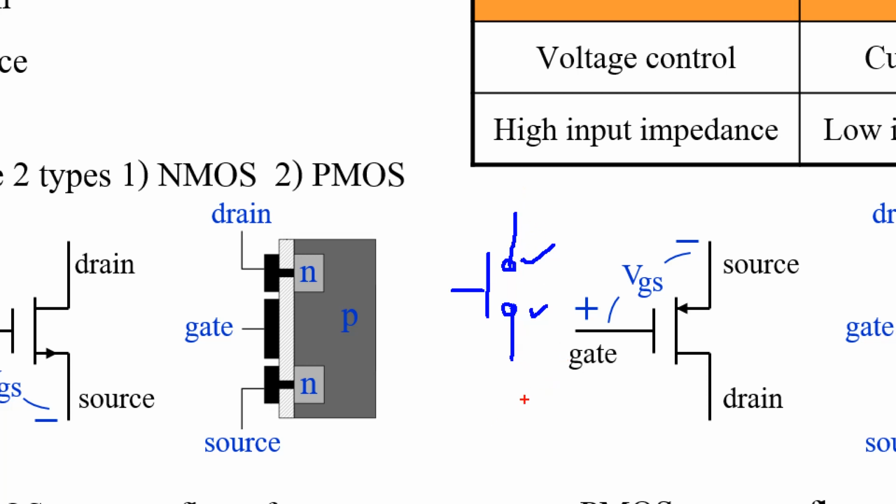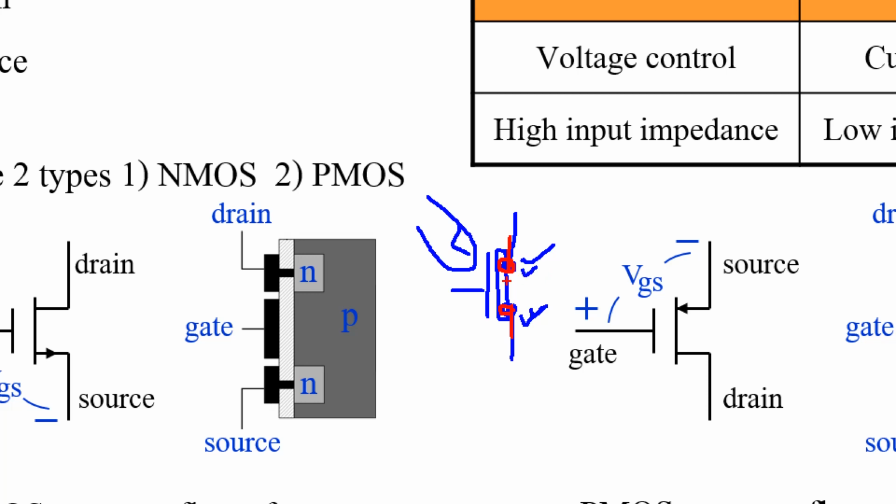But after you push this switch and make contact between this end and this end, now the current can flow. Namely, you short circuit between this terminal and this terminal.